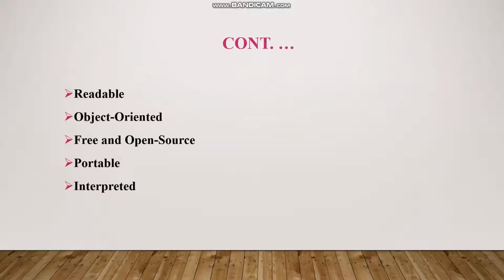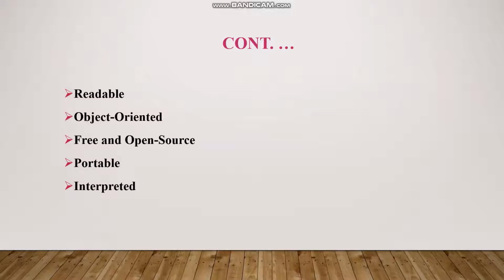Eighth one is object oriented. This language supports both the procedural and object-oriented programming paradigms, while functions help us with code reusability. Classes and objects let us model the real world. A class allows the encapsulation of data and functions into one.